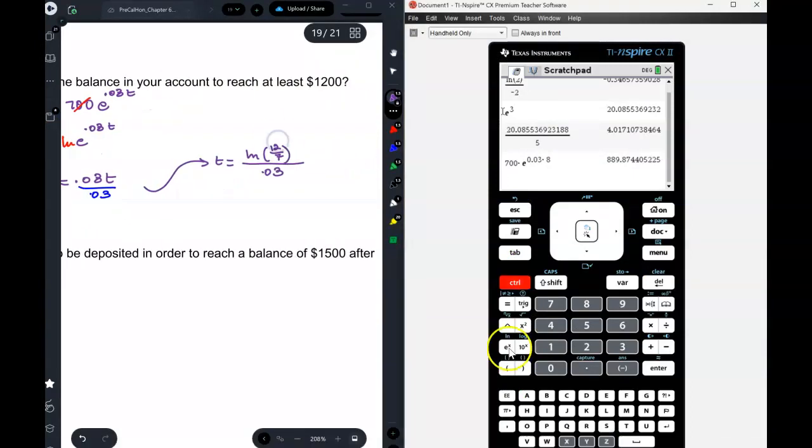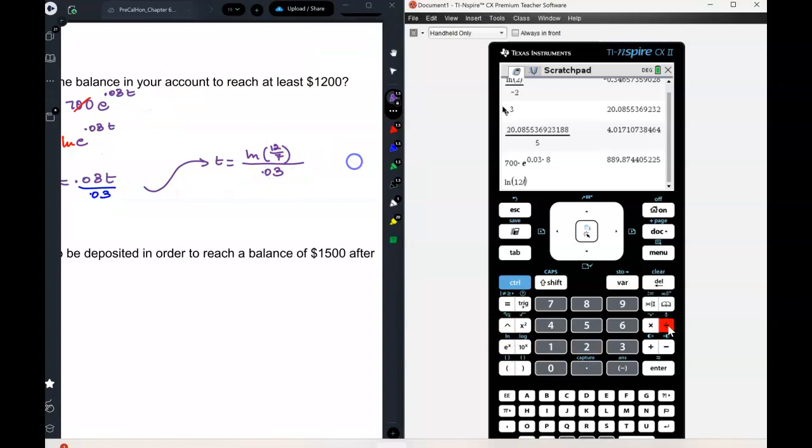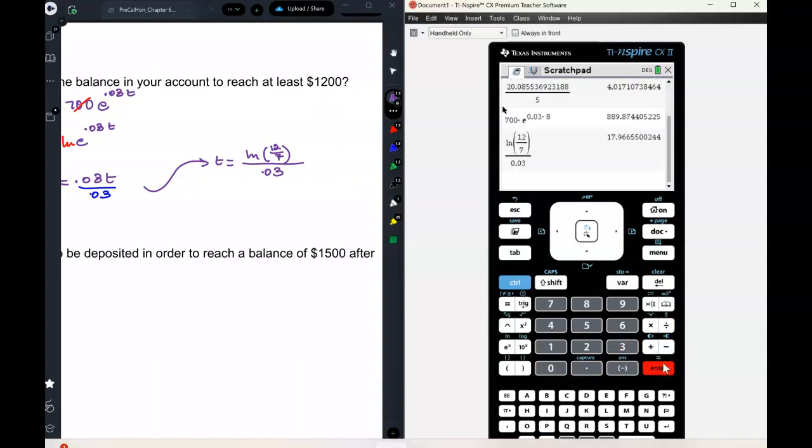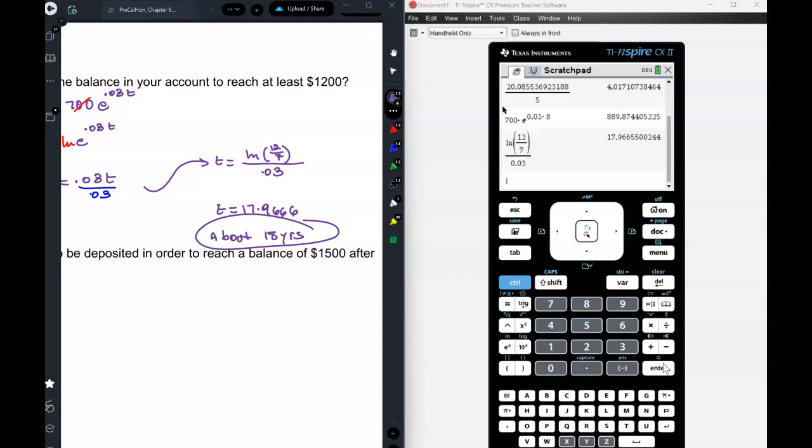So I get ln of 12 over 7 divided by 0.03. There we go. 17.9666. Okay? So it's about 18 years.